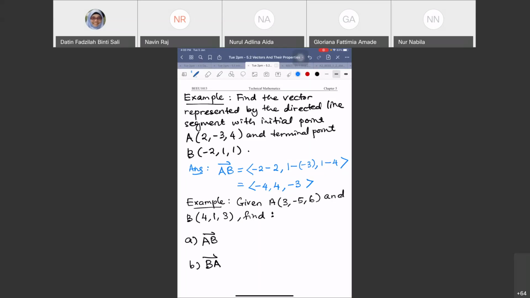So you have to find vector AB as well as vector BA. Again, every time you are given like this, A, B, that means A is the initial, B is the terminal. So this is the initial point. This represents the terminal point.